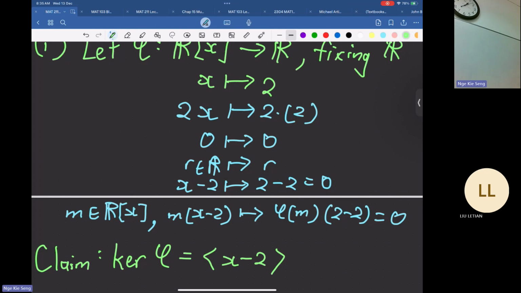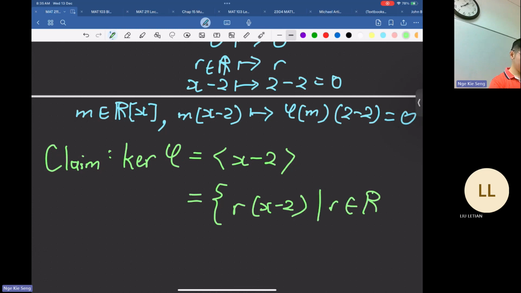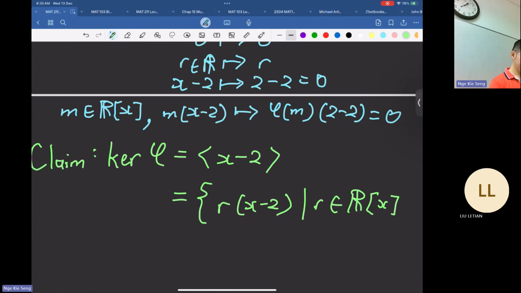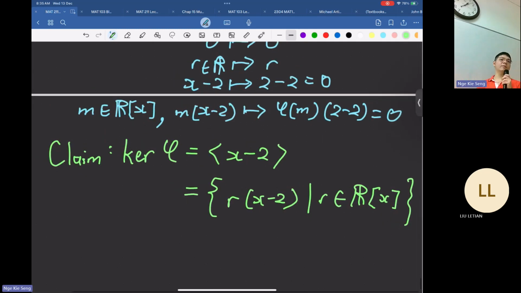Let me write down the definition to recall what a principal ideal is: all the things where you take r, multiply by x minus 2, where r is in the ring. My ring here is the polynomial ring. Make sense? So this is my claim.